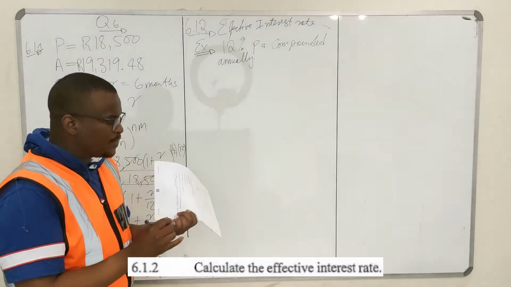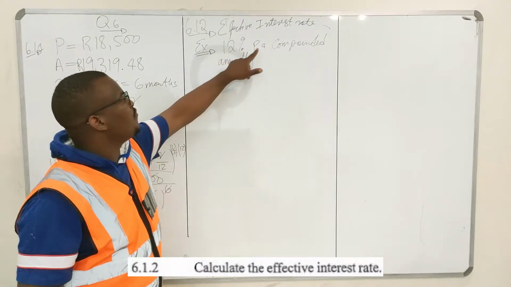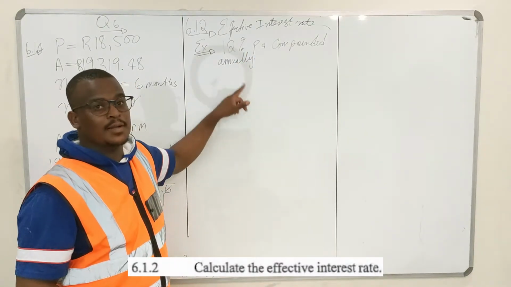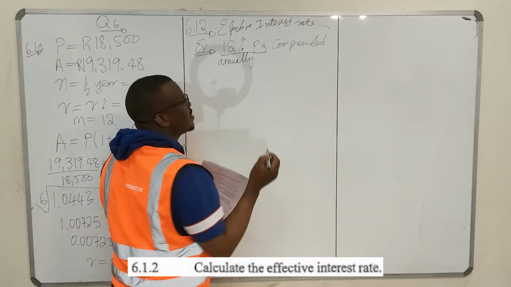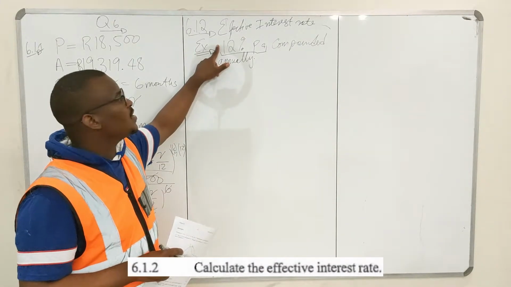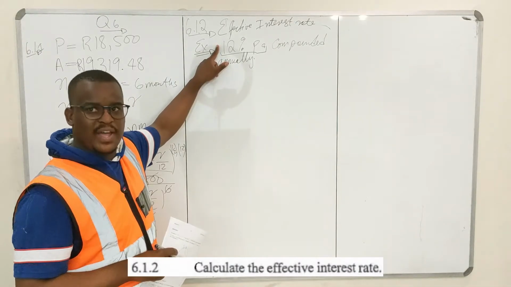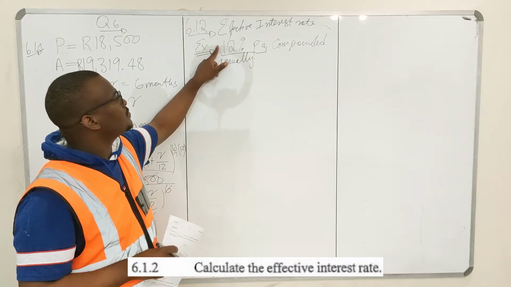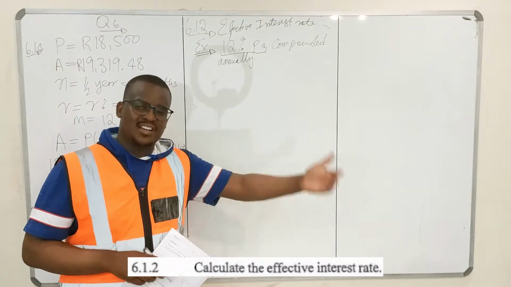Right? So you have that account, or maybe an investment, that earns an interest rate of 12% per annum, compounded annually. So here is your interest rate: 12% per annum, which means you will earn 12% per year, and it is compounded annually, which means you will gain interest at the end of the year.